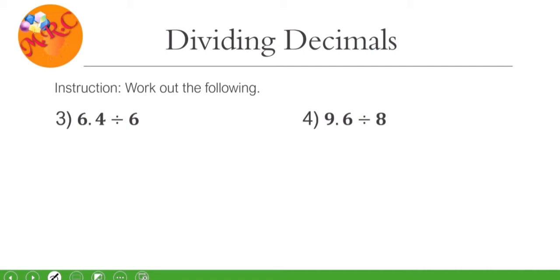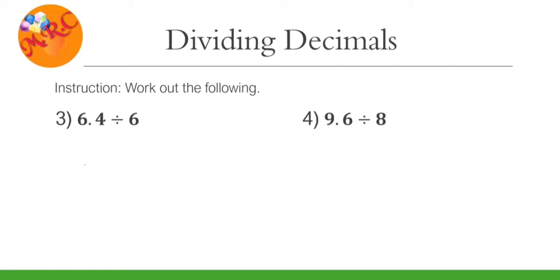Alright, so here we have work out the following. Same procedure. For number 3, it's 6.4 divided by 6. So I'm going to go ahead with the same fraction method.